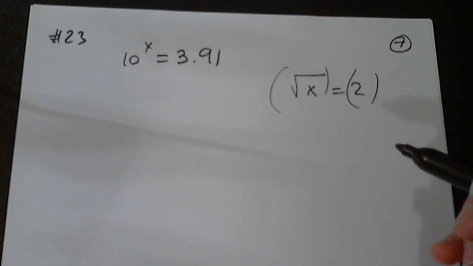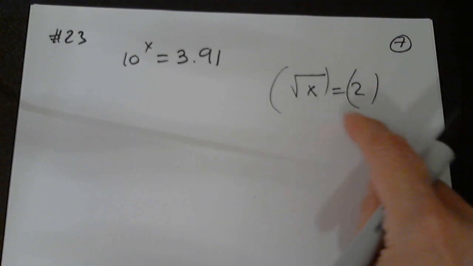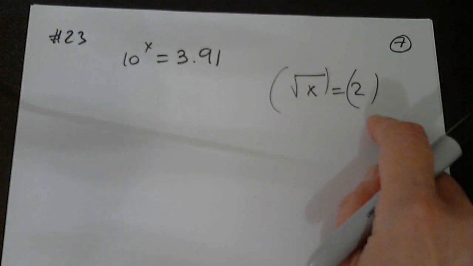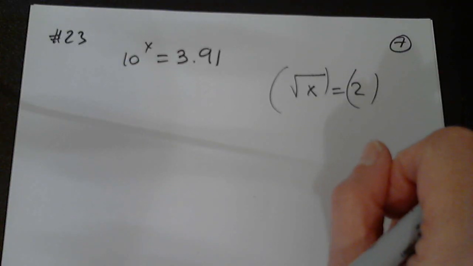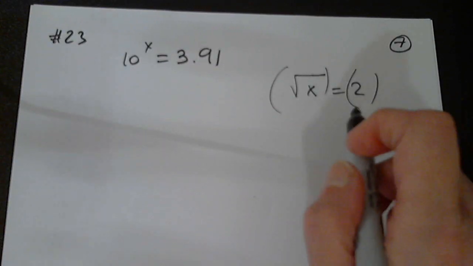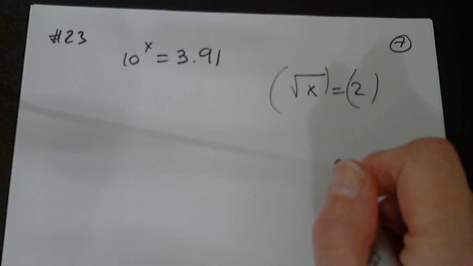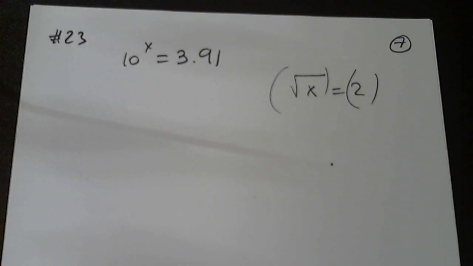Anyone remembers? What did we do to both sides to solve the square root of x equals 2? Well, we used the inverse function.